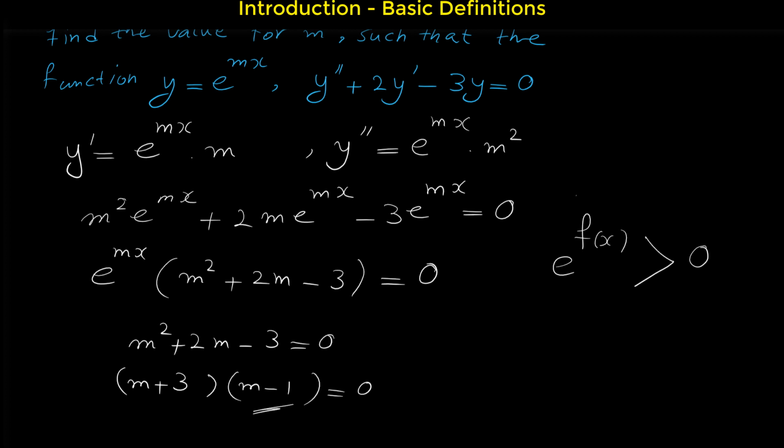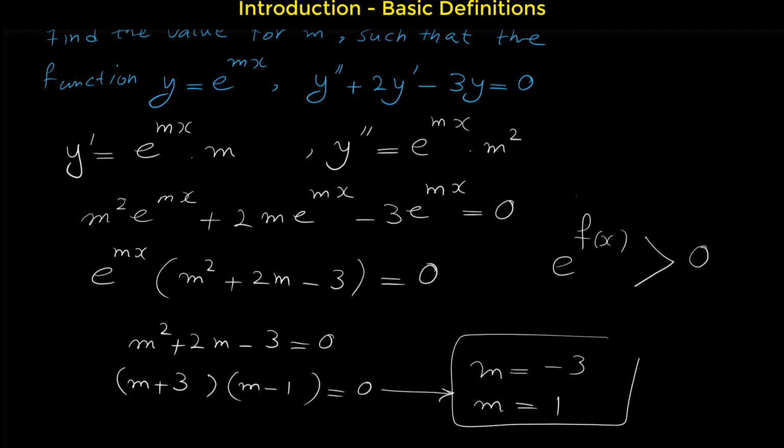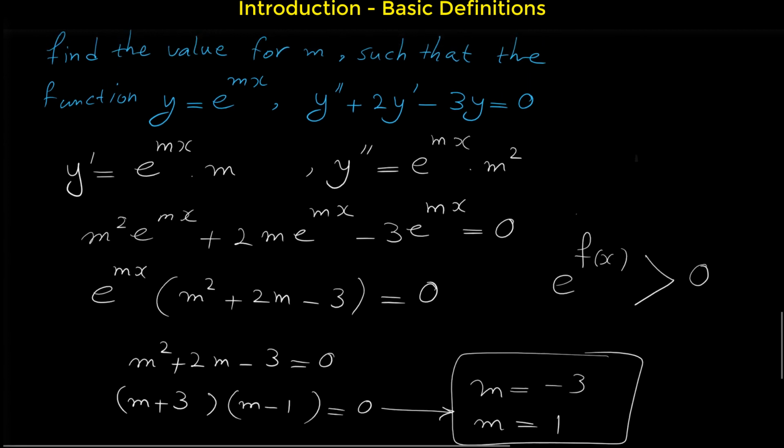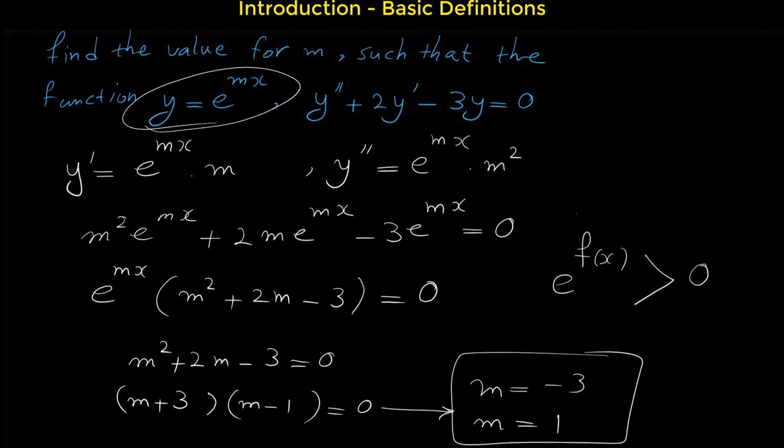Also, you can solve this quadratic equation by the quadratic formula. So from here, m is negative 3 and m is 1. So the values of m that make this function a solution for this differential equation are negative 3 and 1.